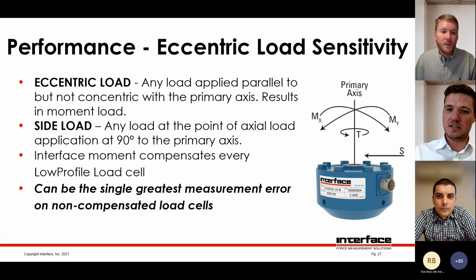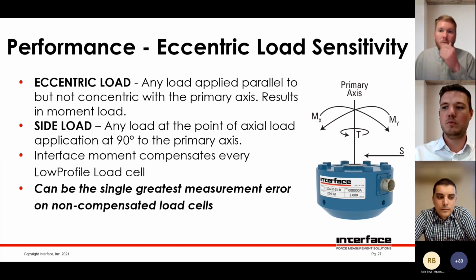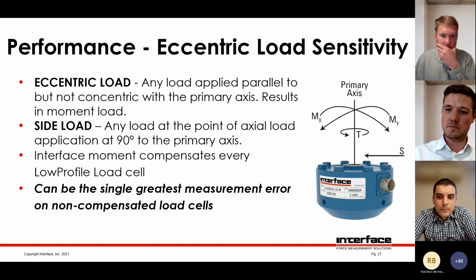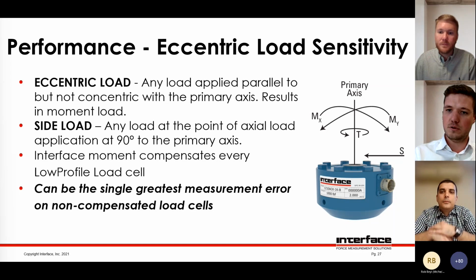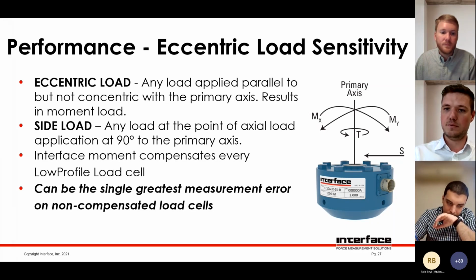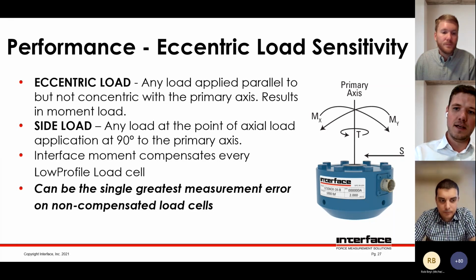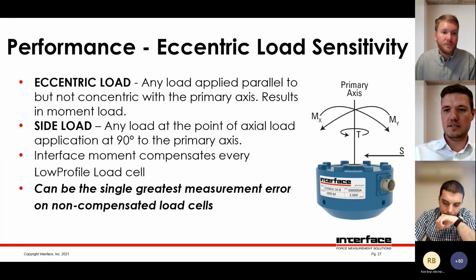But some interface load cells, such as an S-beam or mini beams, are not very good with eccentric loads. So depending on the form factor of your load cell, you need to take into account these eccentric loads on a varied scale. And these eccentric loads can be found in most applications.